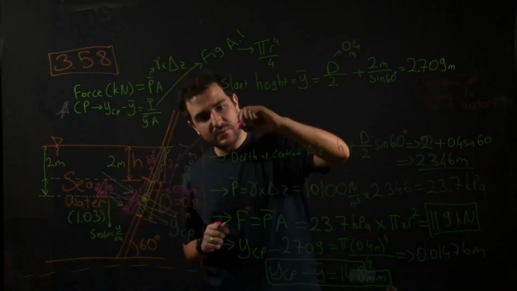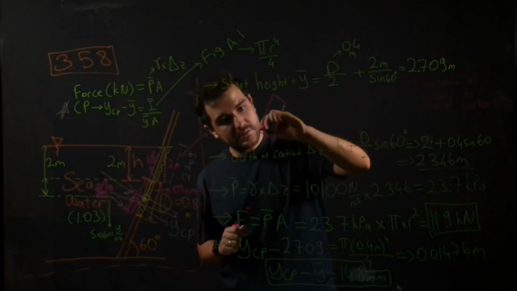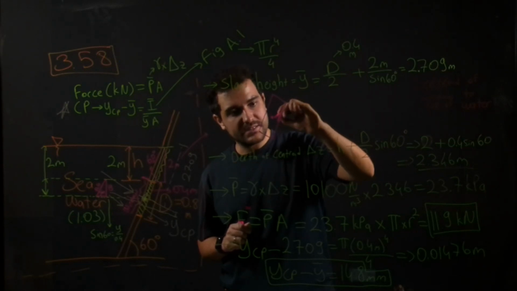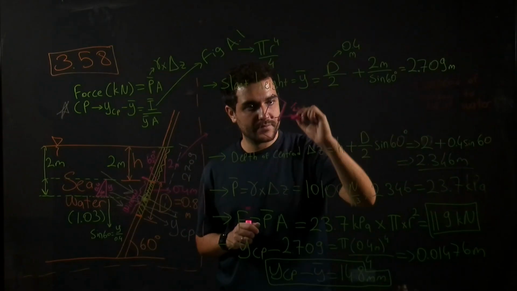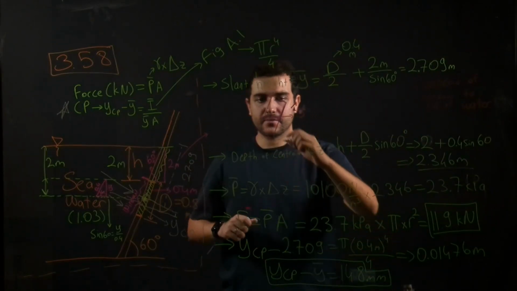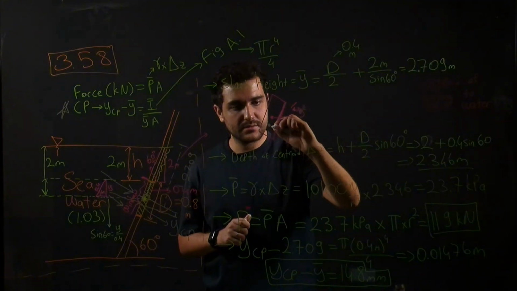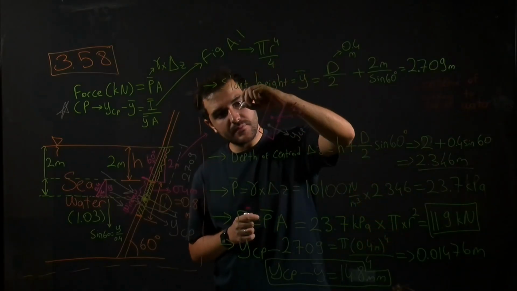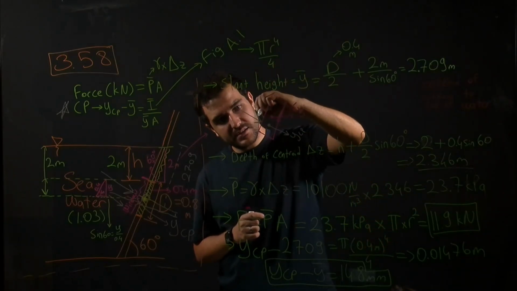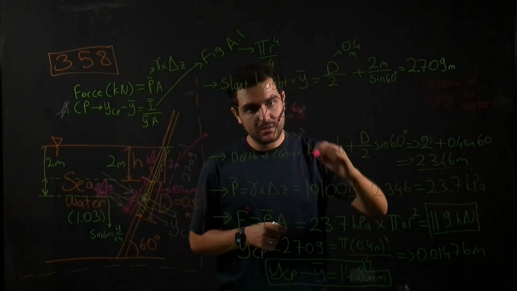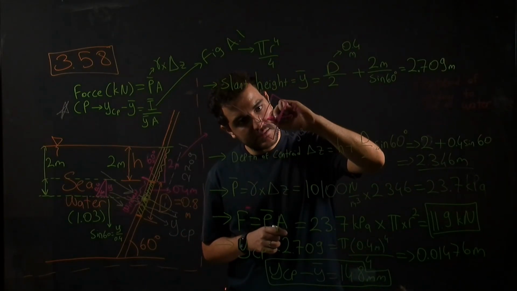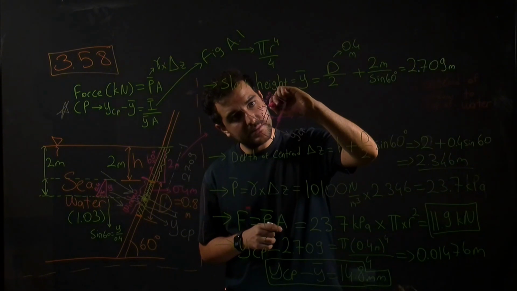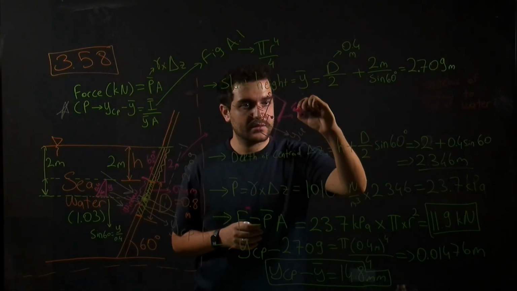So briefly, we have this gate, we have this centroid, and again we have this YCP, which is center of pressure, and the force is acting here, and this distance is 14.8 millimeters.